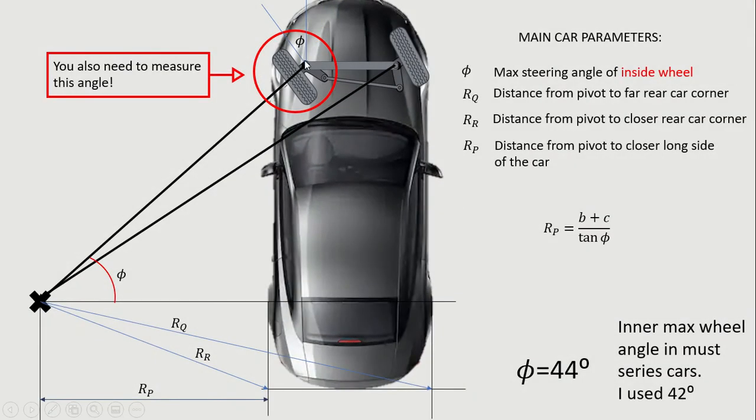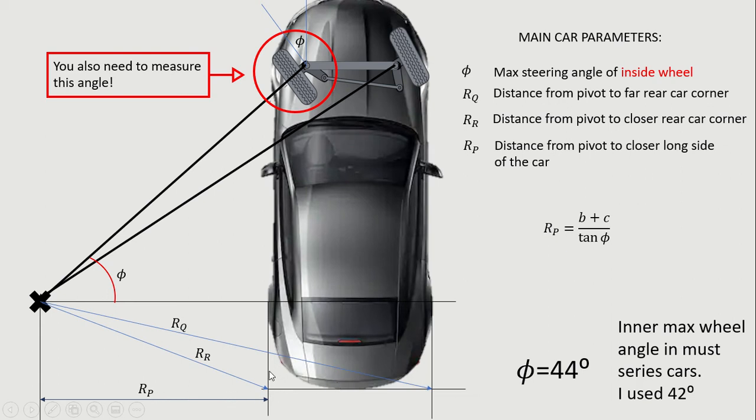Also, I need to take this angle phi of the inner wheel. If the pivot point of the turning is about this side, I must take this angle, the angle phi of this wheel. I know this angle is different for the other wheel, but I mean only this one. Also, I need to calculate this distance to the side of the car, not the middle of the car.